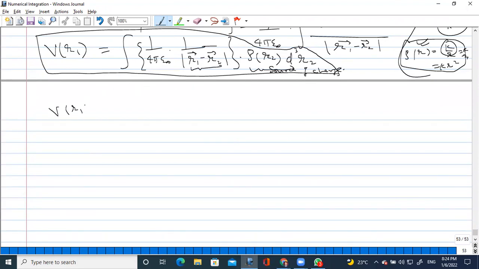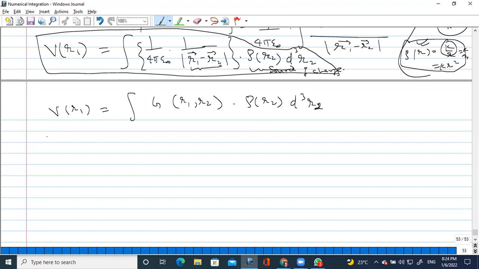So here we can write V of R1 equals the integral of G of R1, R2. This depends upon R1 and also upon R2, into rho R2 d cube R2.